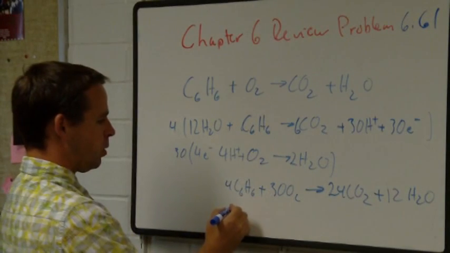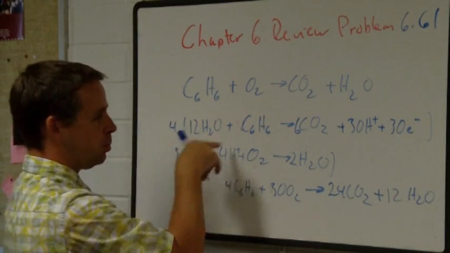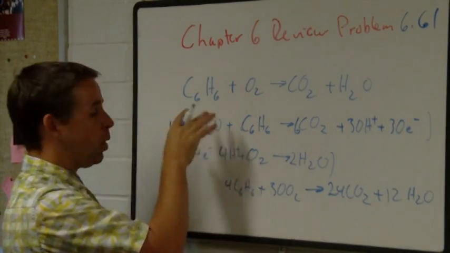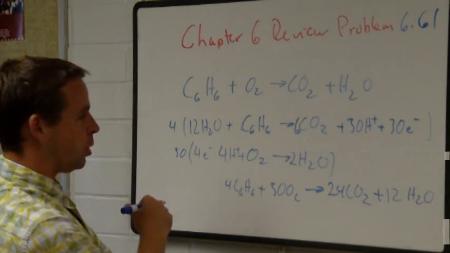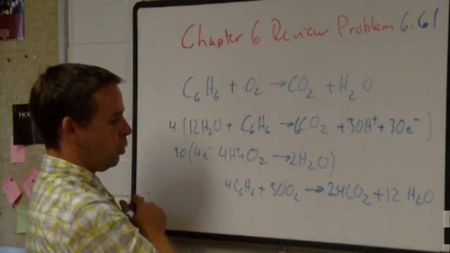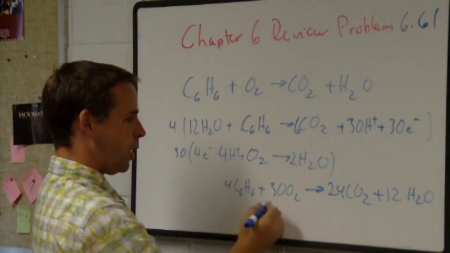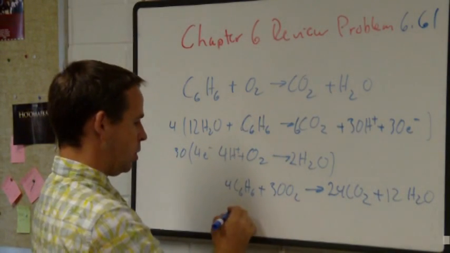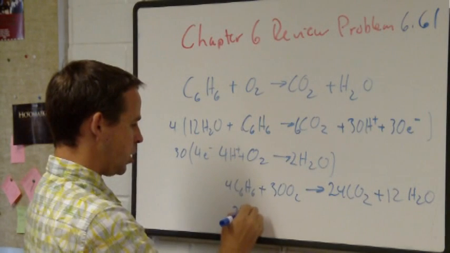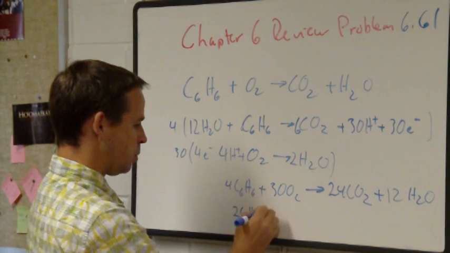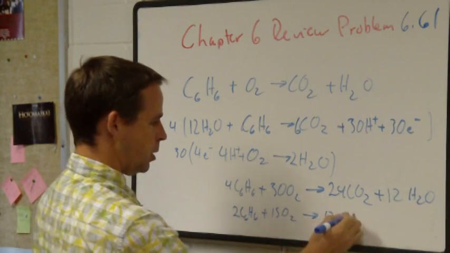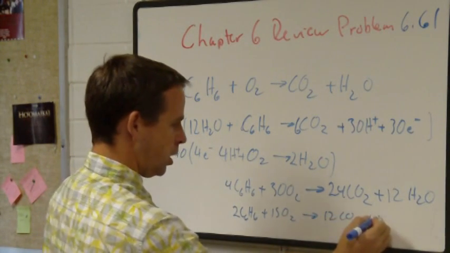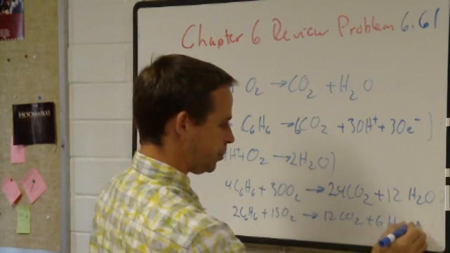We can reduce this down, right? So there was probably some smaller common multiple between 30 and 4, right? So anyways, we can divide everything by 2 here. So we have 2C6H6 plus 15 oxygen gases going to 12 carbon dioxide and 6 waters.